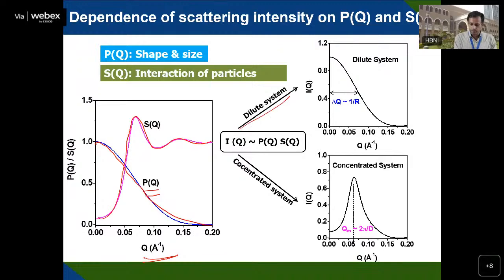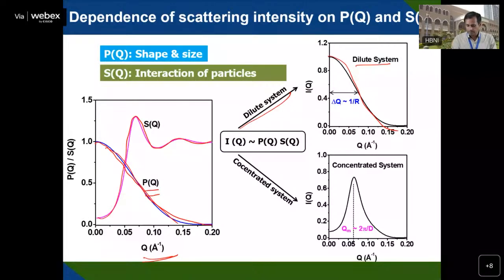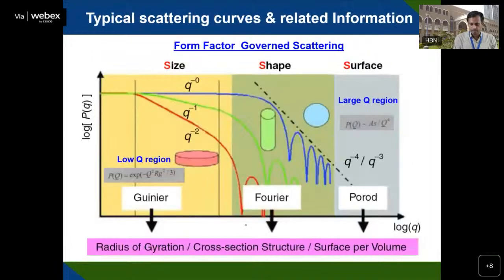So in a dilute system, P(Q) is mainly dominant, as I discussed. But in a concentrated system, around Q equal to 2 pi by D, you will get a particular peak-type structure, which gives the interparticle interaction in that system.